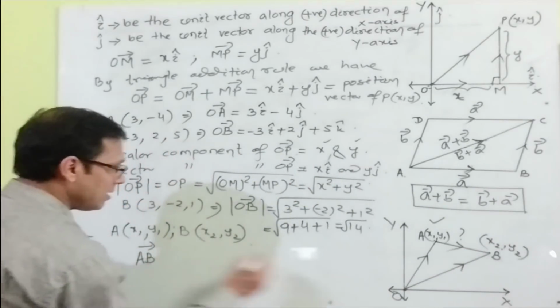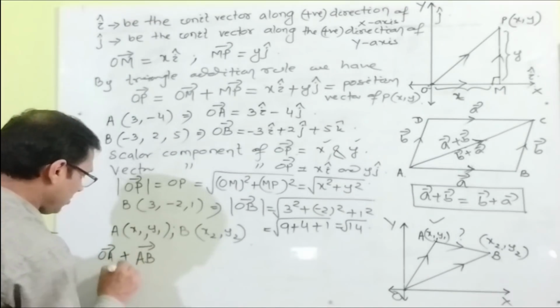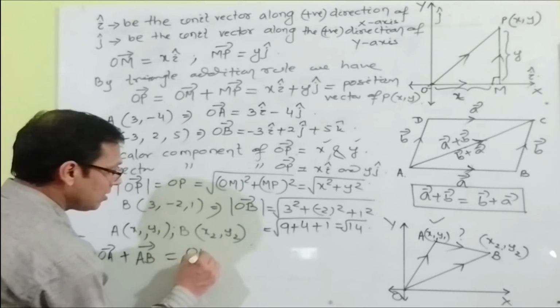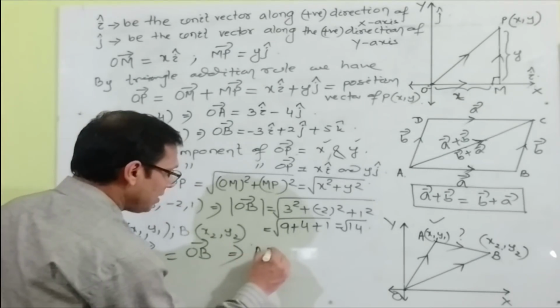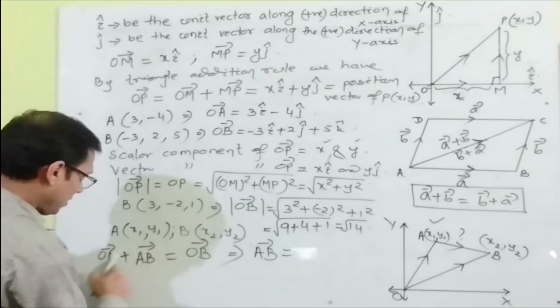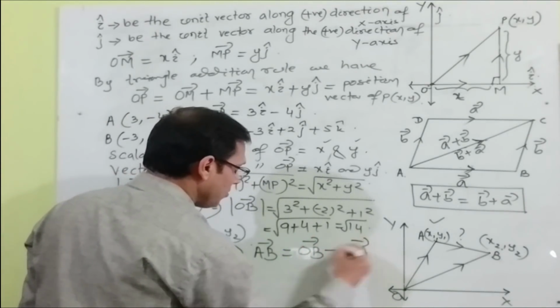That implies the AB vector is equal to OB vector minus OA vector.